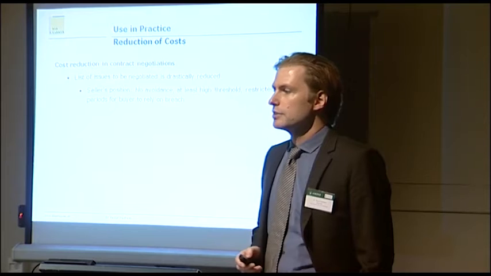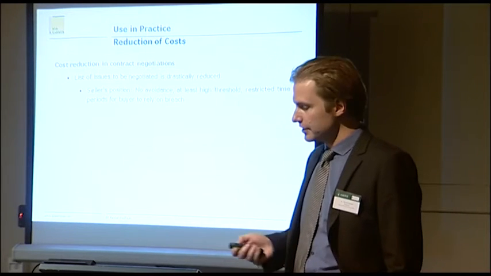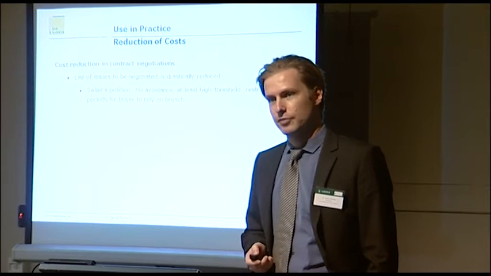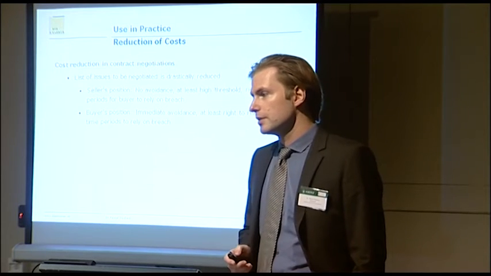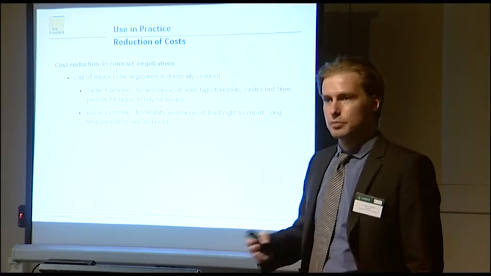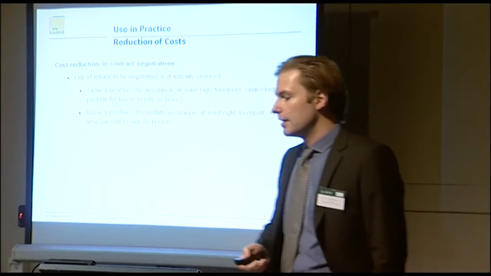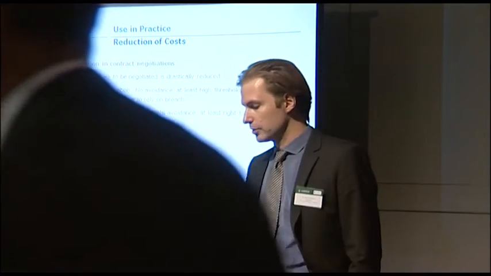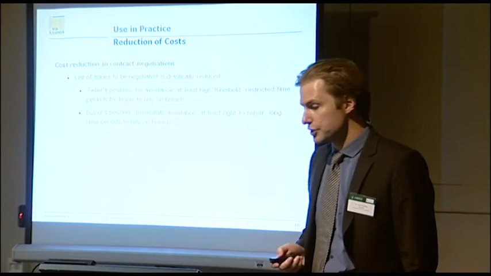The seller's position usually is that there should be no avoidance, or at least, if you cannot exclude it, there should be a high threshold and restricted time periods for the buyer to rely on the breach. The buyer's position usually is that it wants to preserve the right to avoid the contract, at best immediately, has a right to repair or may require the seller to repair the goods, and of course has long periods of time to rely on the breach.